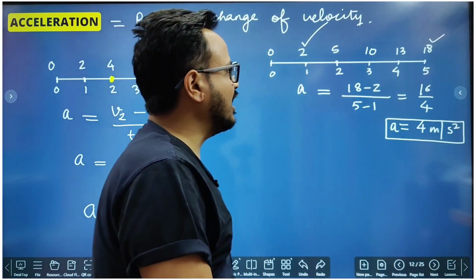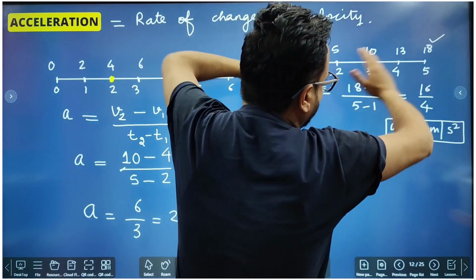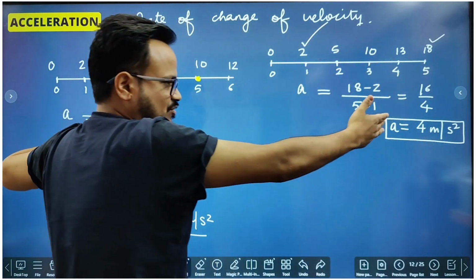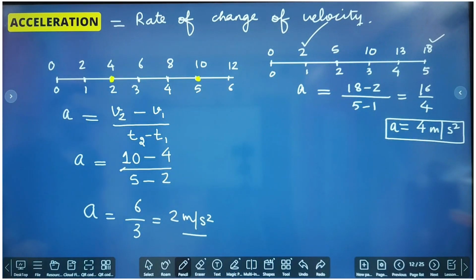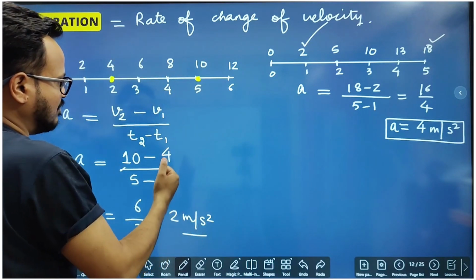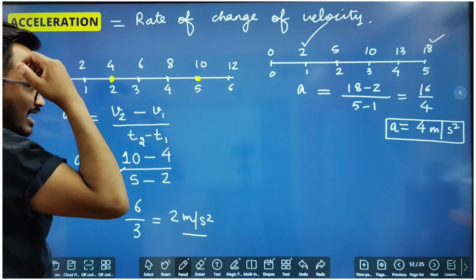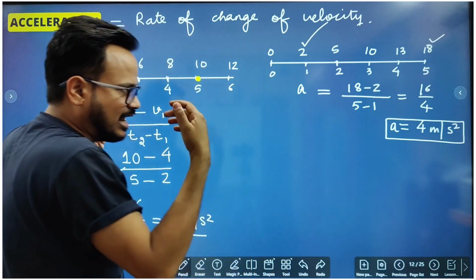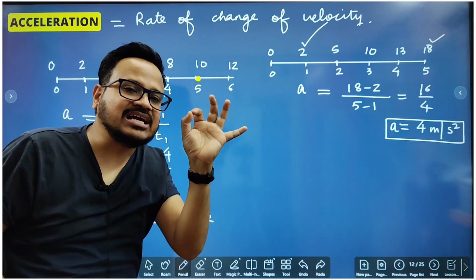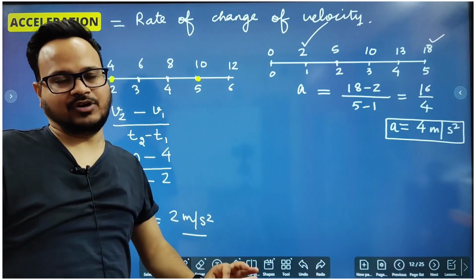So if we are finding the acceleration for 4 seconds, it comes out to be the average value. So this is called the average acceleration. And the other one is instantaneous acceleration, that will give you the acceleration at a particular instant of time.